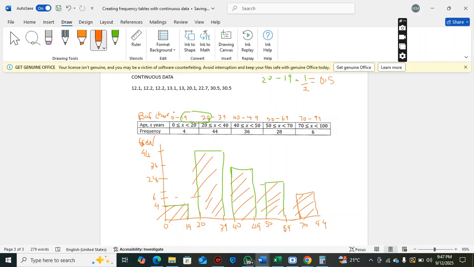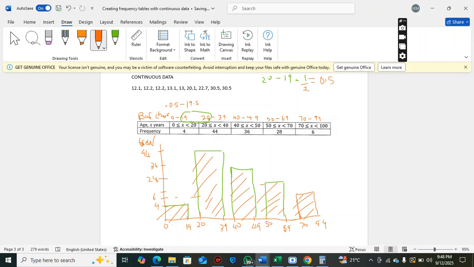Meaning the lower limits, you subtract 0.5, and the upper limits you add 0.5. So here our lower limit, 0 minus 0.5, is negative 0.5. 19 plus 0.5 is 19.5.